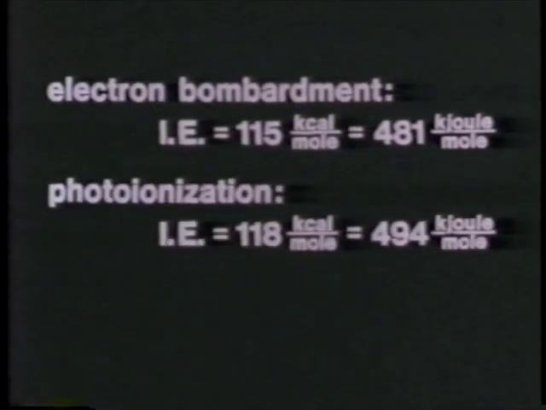In kilojoules per mole, this would be 481 plus or minus 40 kilojoules per mole. This is in good agreement, within experimental uncertainty, with the value determined by the photoionization method, 118 kilocalories per mole.